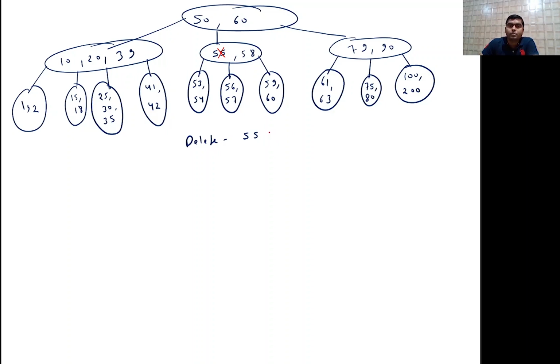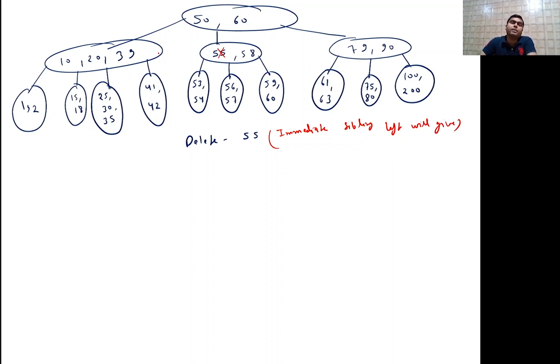So immediate sibling means left will give.